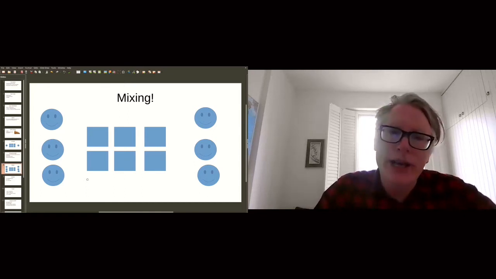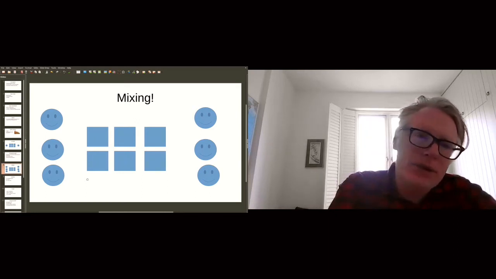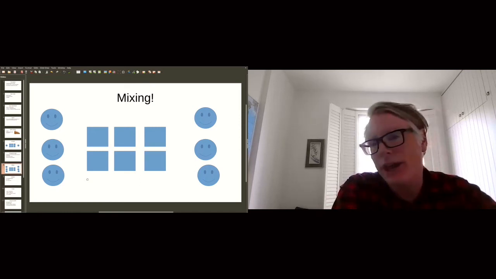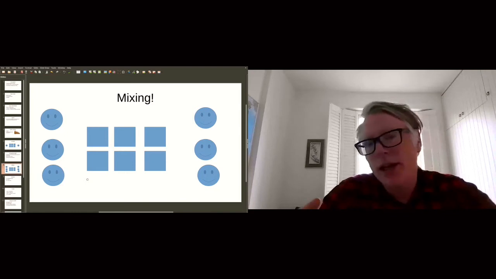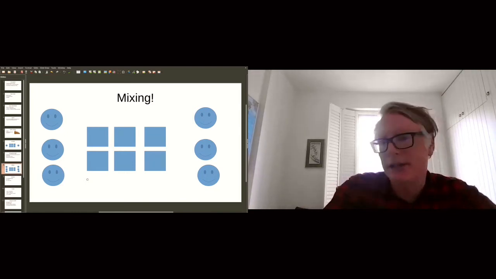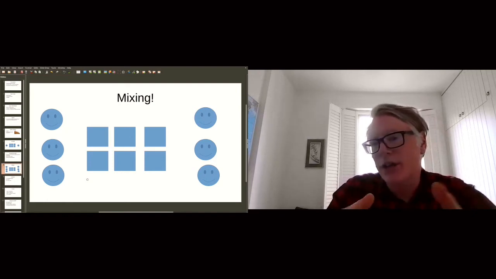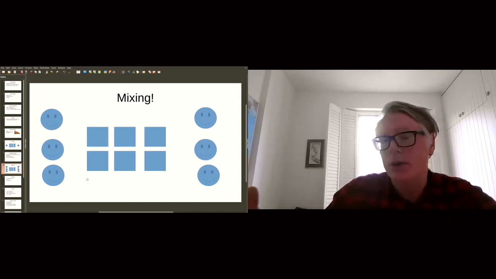The other thing that we do is what's called mixing. So let's say the first three people on the left all send their packets in to the first couple of nodes. Instead of those nodes emitting the packets in the exact same order, they shuffle them up like a deck of cards inside the mix node, and they're emitted in a different order.